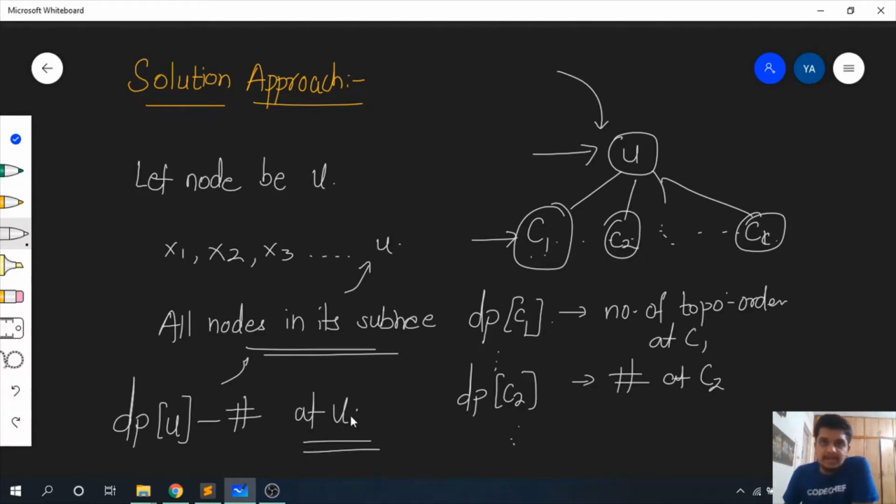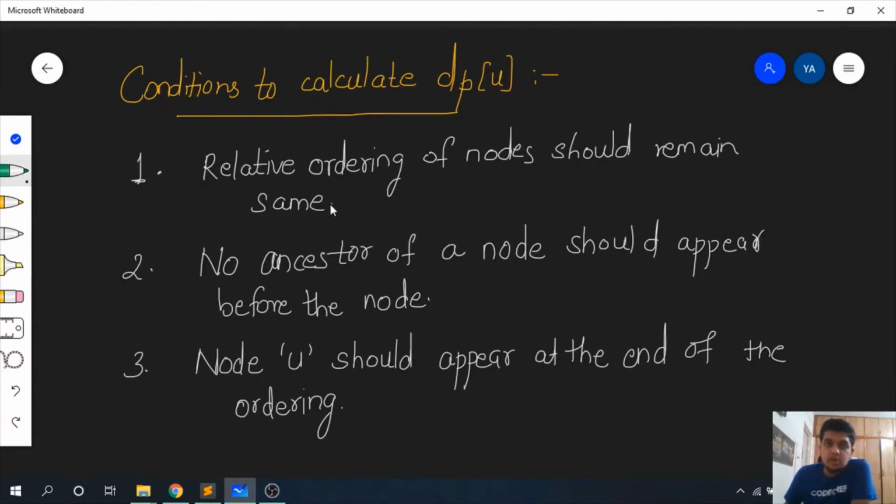So while calculating DP of U, we need to keep in mind a few conditions. Let us see what those conditions are. These are the conditions that are required to calculate DP of U. What is DP of U? DP of U is the number of topological orderings for a tree rooted at the U node. So the first condition is that the relative ordering of nodes should remain the same.